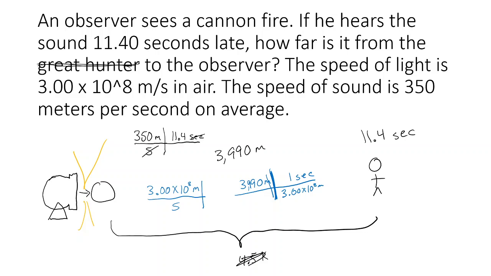So we take 3,990 divided by 3 times 10 raised to the 8th power.